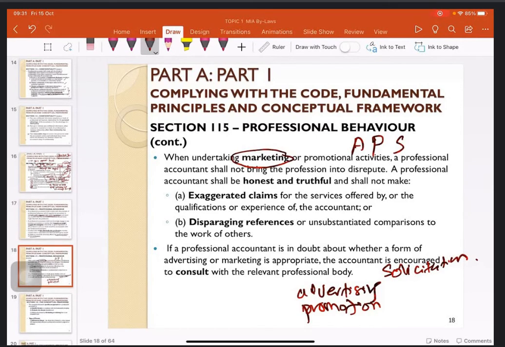When come to marketing, you should be honest and truthful when you give the information. Okay, bila you buat marketing ataupun bila you deal dengan client, you tak boleh exaggerate. Tak boleh exaggerate meaning that, oh okay, we be able to complete the audit dalam masa 3 bulan, 4 bulan. Okay, ataupun we be able to give you other services.